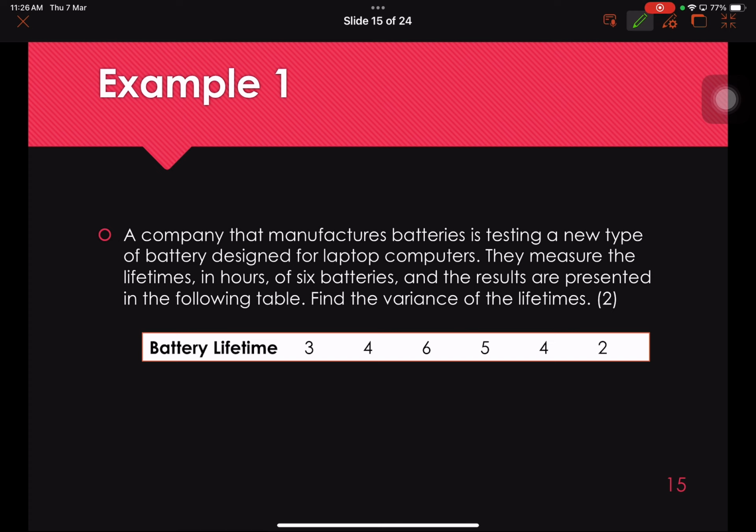Siapa tak dapat lagi? Siapa yang tak dapat lagi? Bagi tahu dulu. Tak dapat. Betul. Okay, somebody ask why he got 106.